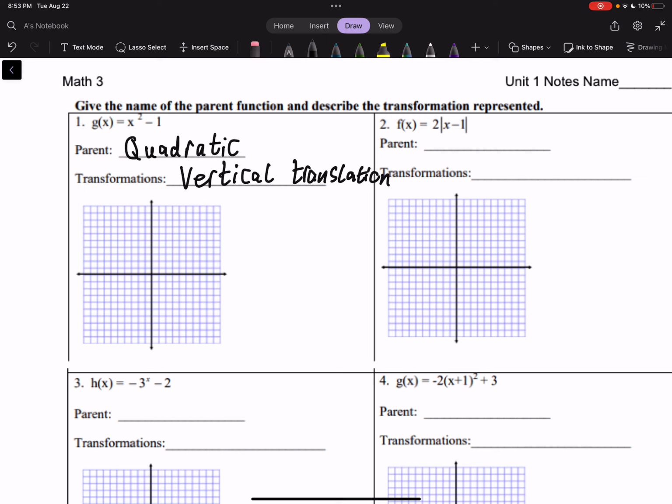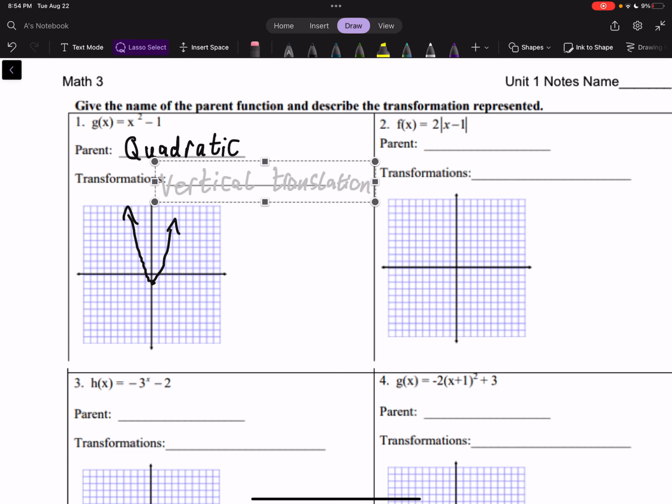This is also called a vertical shift. So it's going to look something like this. I'm graphing this pseudo-accurately just to get the shape of the U. Alright, let me shrink this just to get it out of the box.